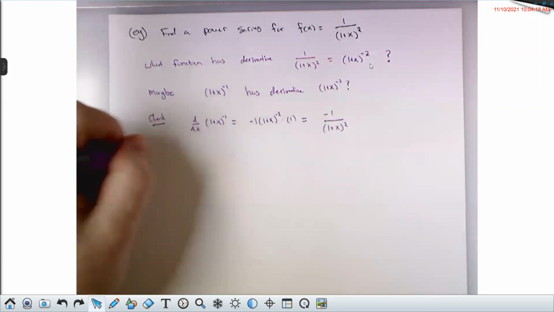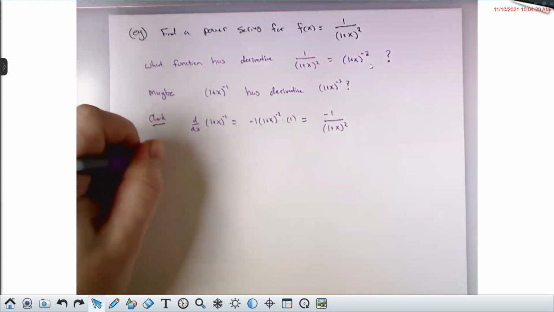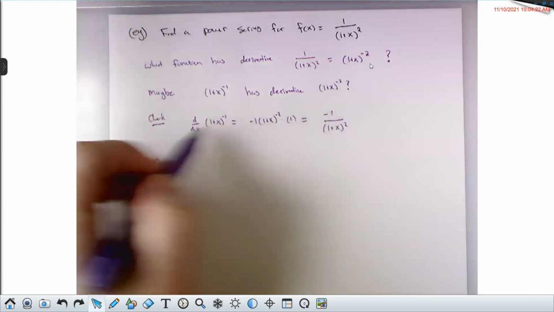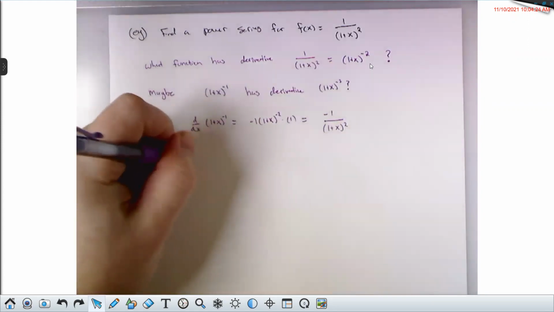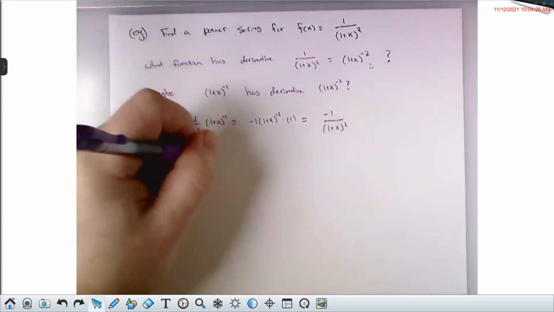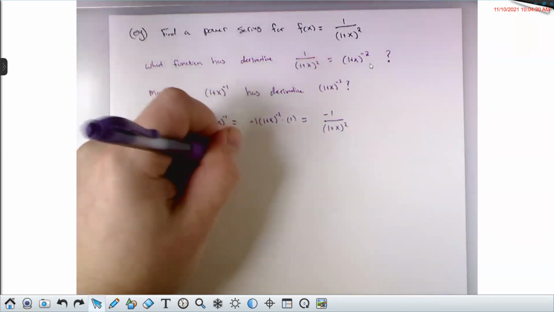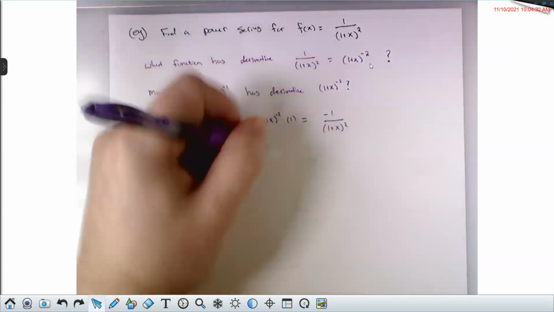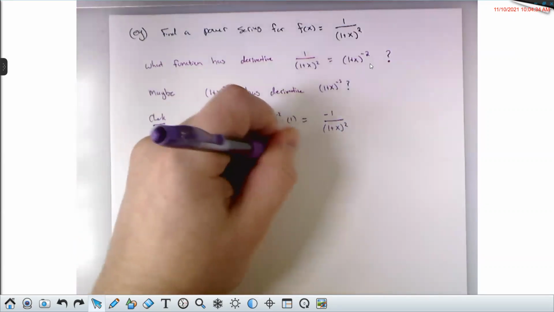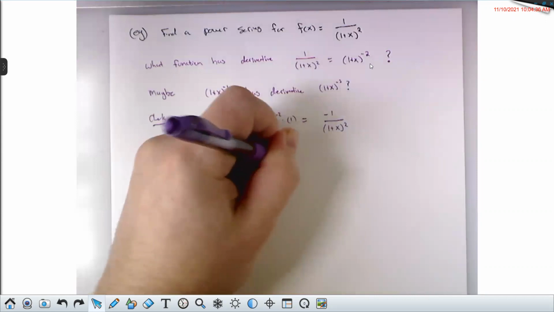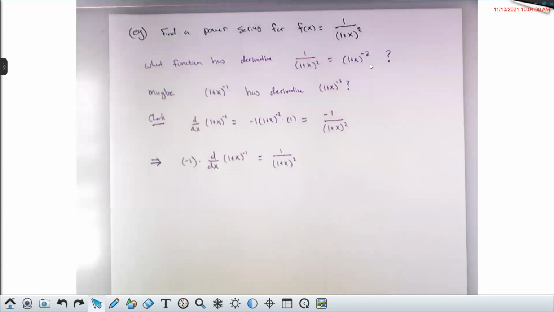So what does this mean? Well, if I multiply both sides by negative 1, I discover that negative 1 times d dx of 1 plus x to the negative 1 would be 1 over 1 plus x squared, which is the function I want.